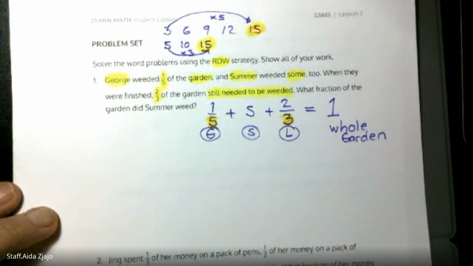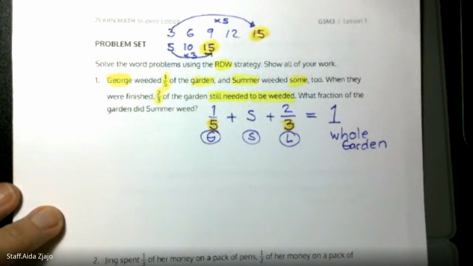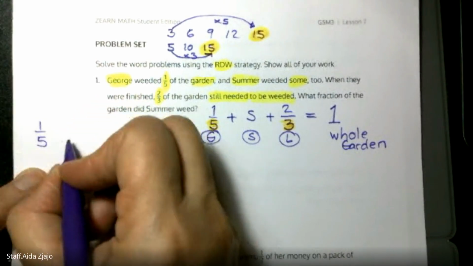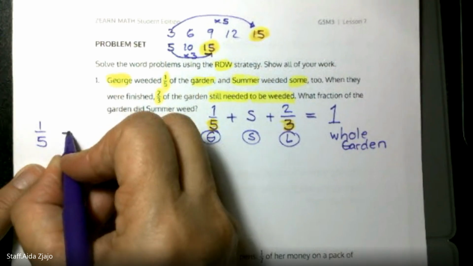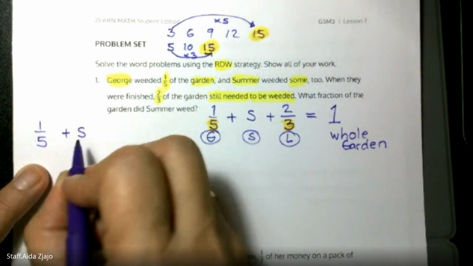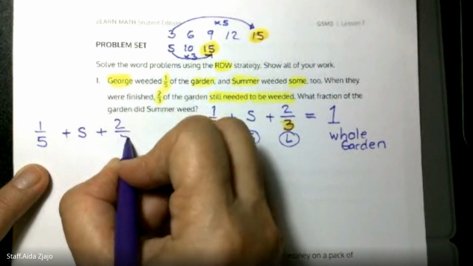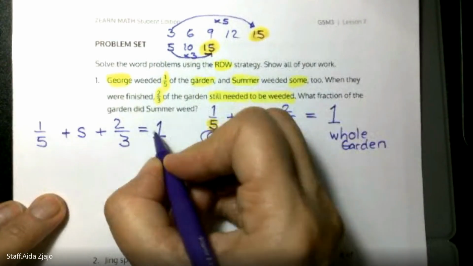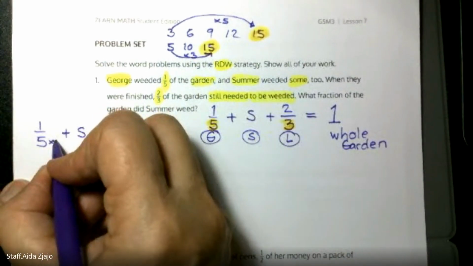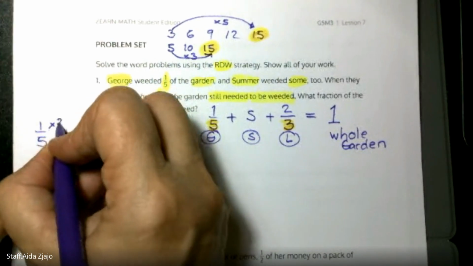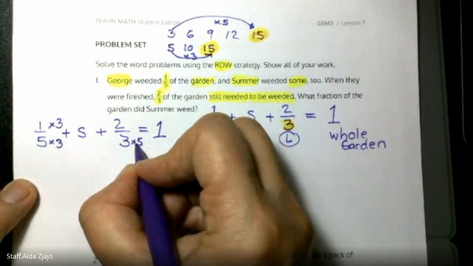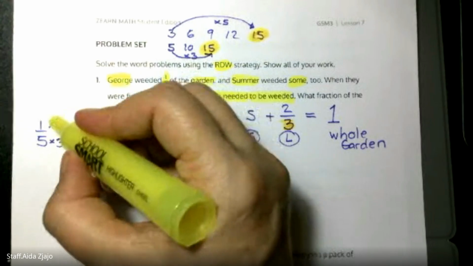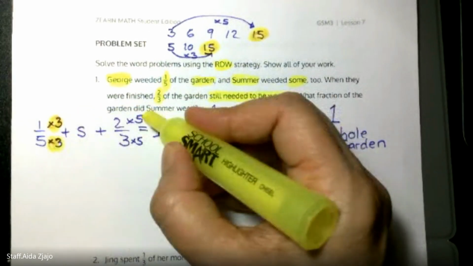So when we know that, we can rearrange our equation by saying 1/5 plus S plus 2/3 must equal a whole. Okay, so times 3 and times 5 will make us the same equivalent parts.